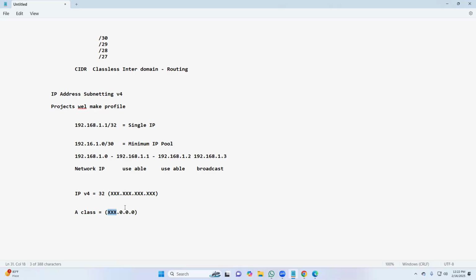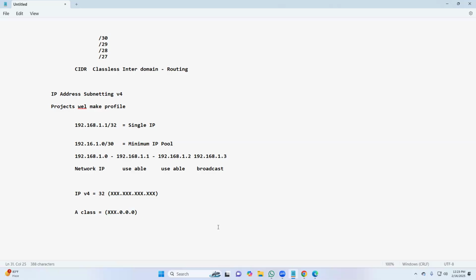XXX means lock. This portion is locked, fixed. But you can put your number here. In A class, three portions are free. You can put a number here, here, and here.